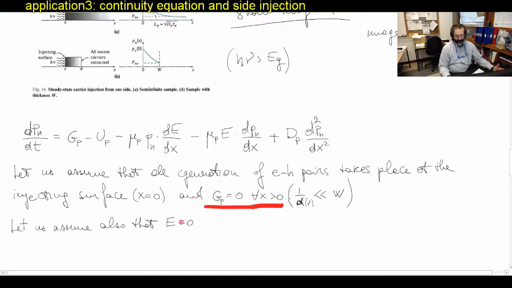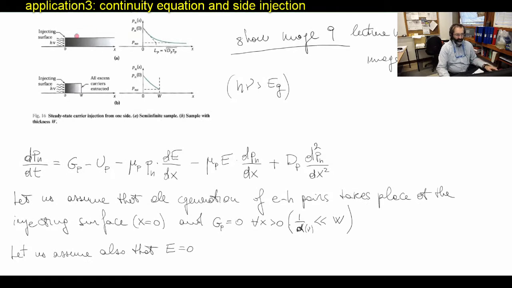In other words, what we are saying is that the absorption coefficient for this specific semiconductor at this specific wavelength of the photons we are using is nearly infinite, very large, so that all photons are absorbed at or very near the surface. So all photons are effectively absorbed here. Okay, so G is different from 0 only here, and then becomes 0.